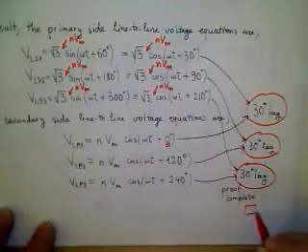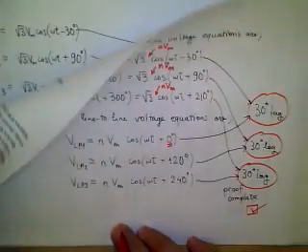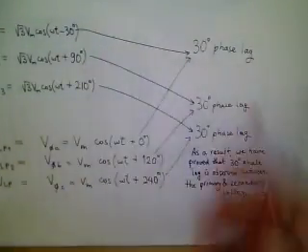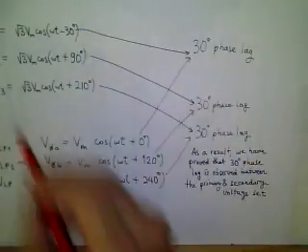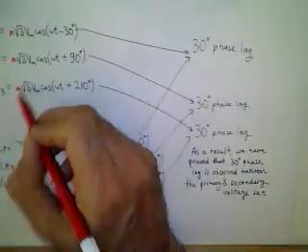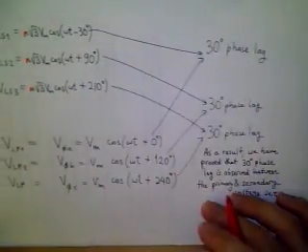So the proof is complete for this problem. This is the same expression, only we have n to account for the turns ratio.